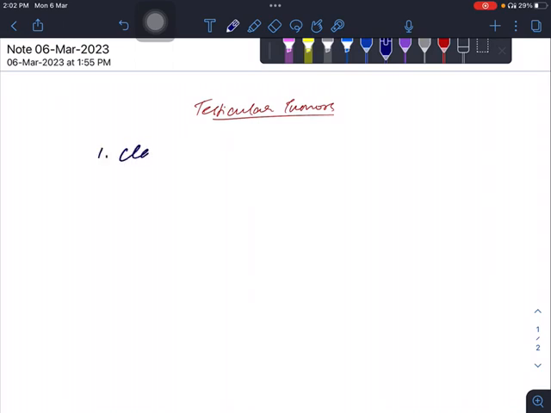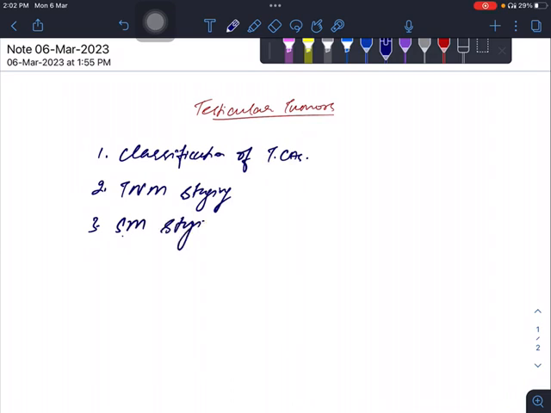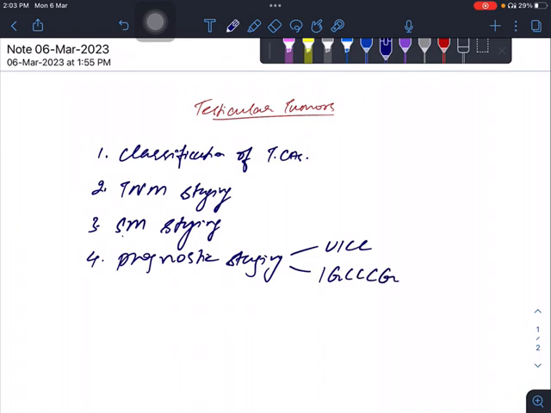These are the classification of testicular cancers, then the TNM staging, then the serum marker staging, then the prognostic staging, both UICC staging and IGCCC grading.